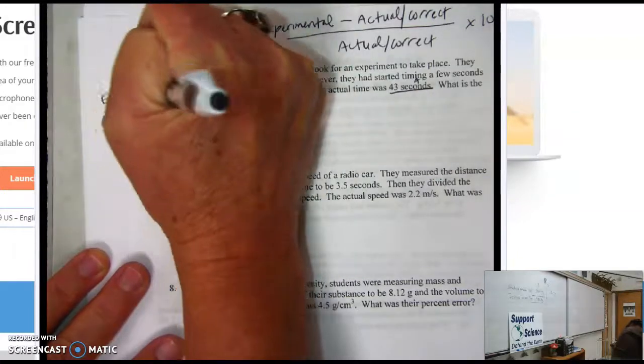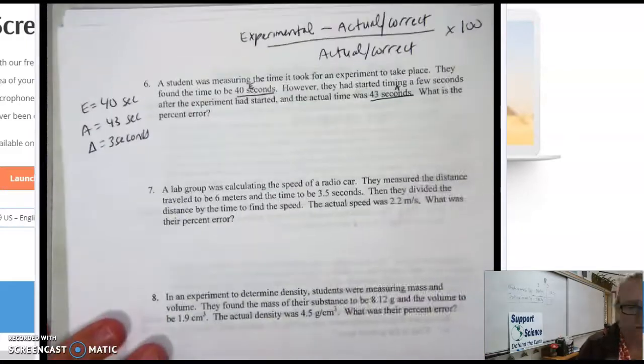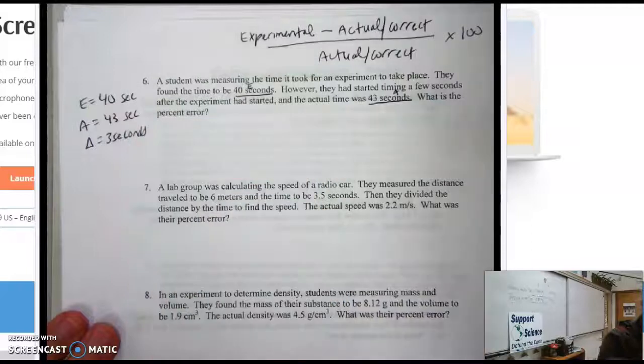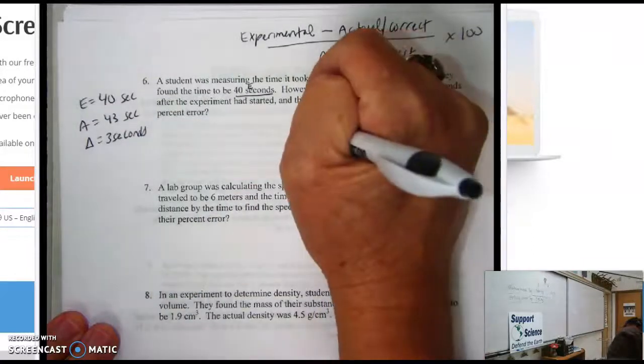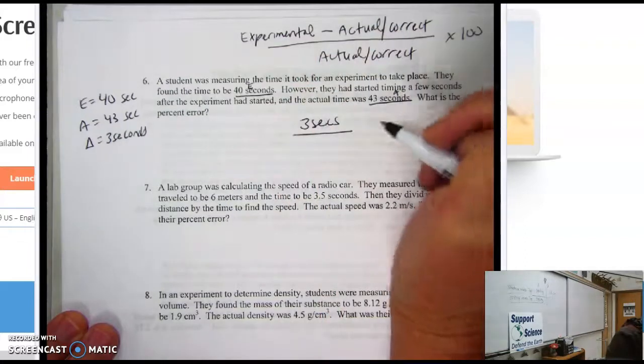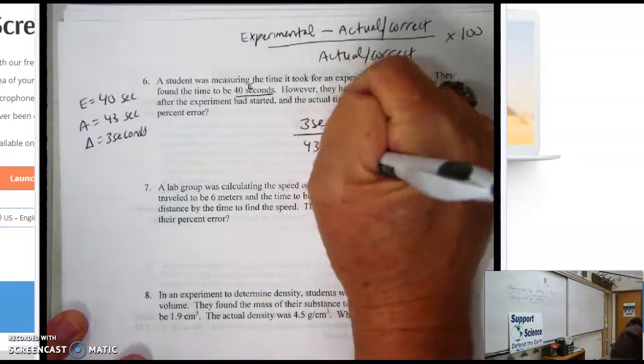And these are in seconds. Okay? So you could actually skip the subtraction step if you wanted to, since you're doing it right there. But this is just 3 seconds divided by the actual time of 43 seconds.